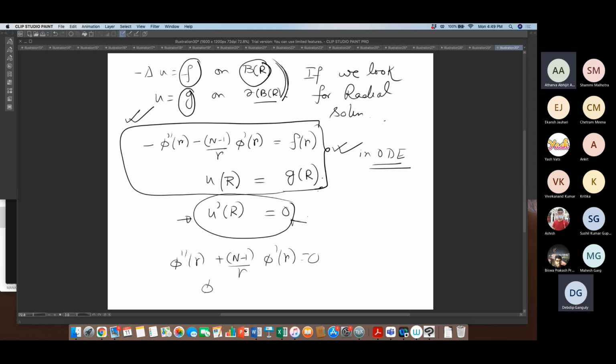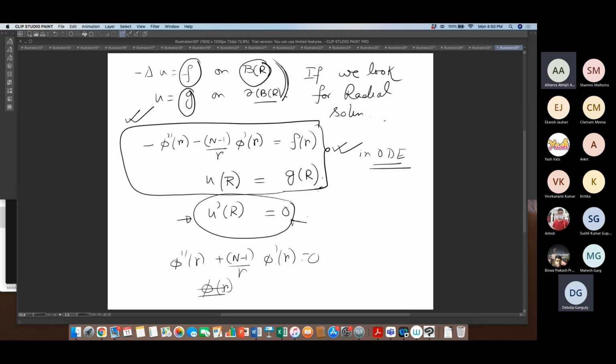Does that mean that every harmonic function will be a solution of this ODE? Here I said that I have converted this problem, so what I said is we look for a radial solution. If you ask what are the radial harmonic functions, Laplacian of u equal to 0 in Rn, then you could say that these are the ones.